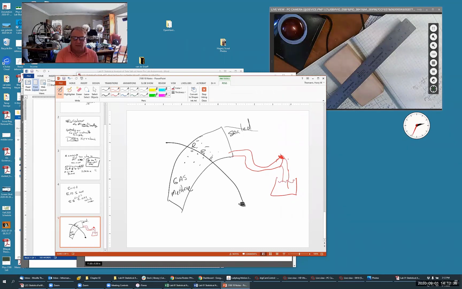But the point is that the pressure inside the detector was equal to the pressure of the atmosphere. And sure enough, on that particular day, a big thunderstorm came through and the barometric pressure crashed.